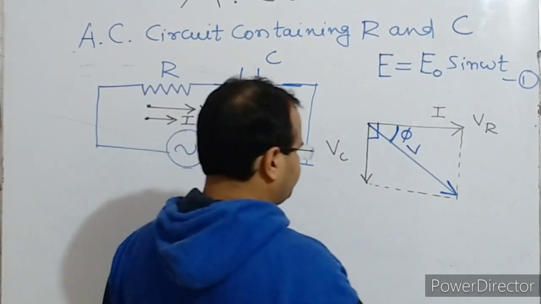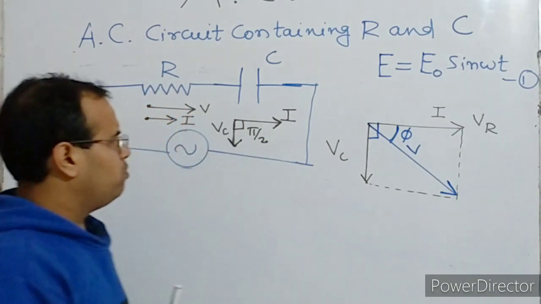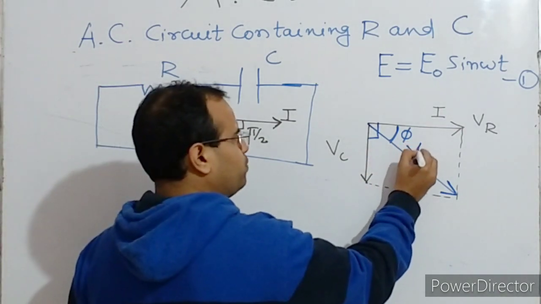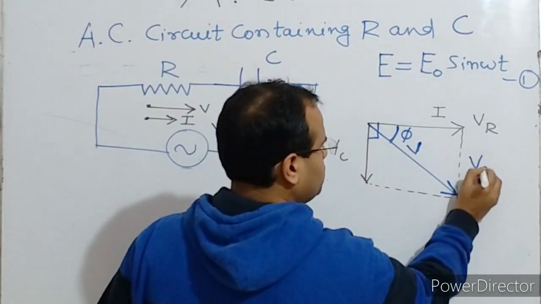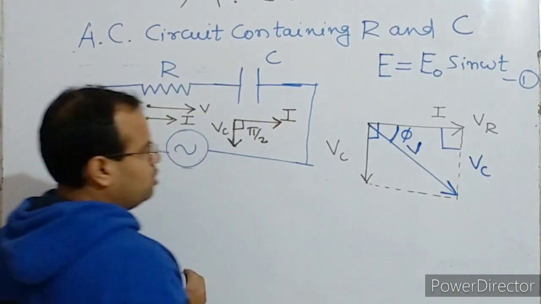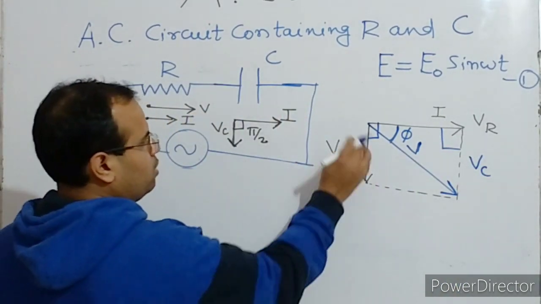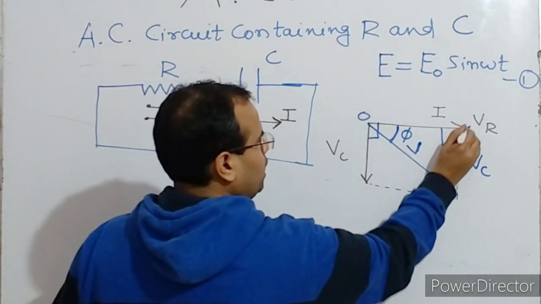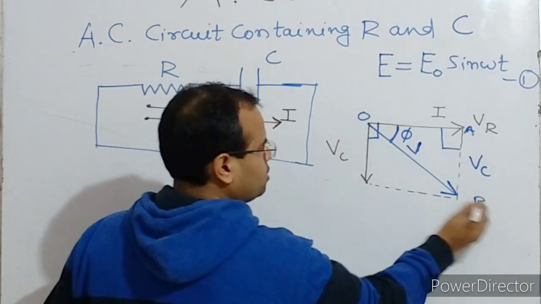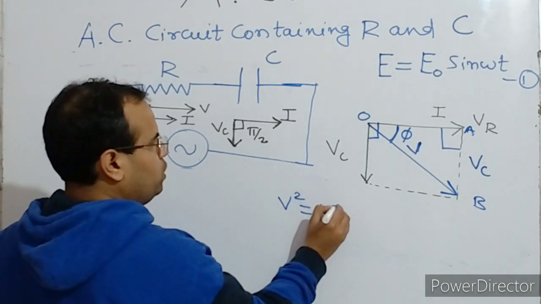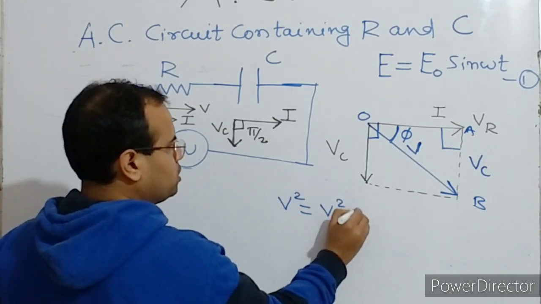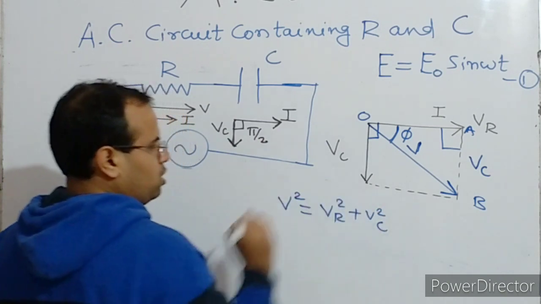If we want to find the resultant V here, how can we do that? If this is VC, and this angle is 90 degrees, suppose O, A and B are the triangle, we can write V square equals VR square plus VC square.